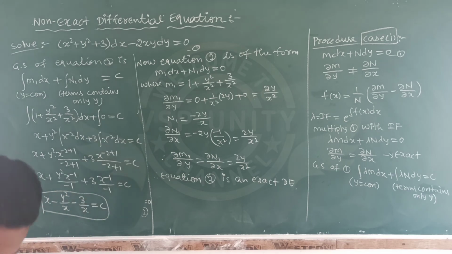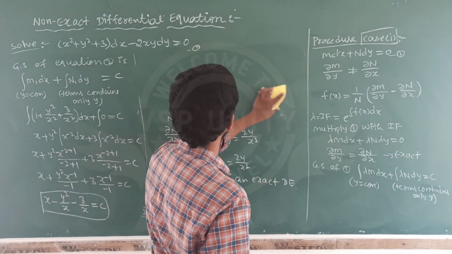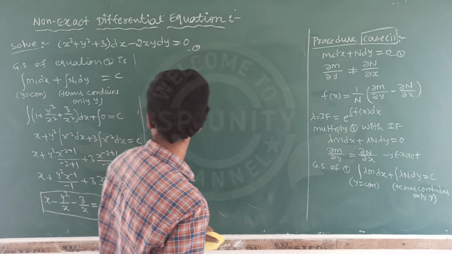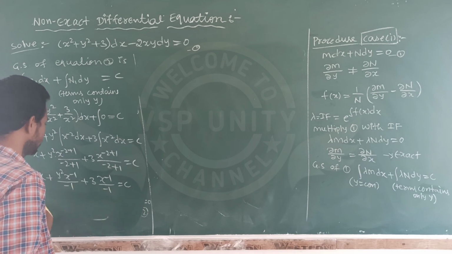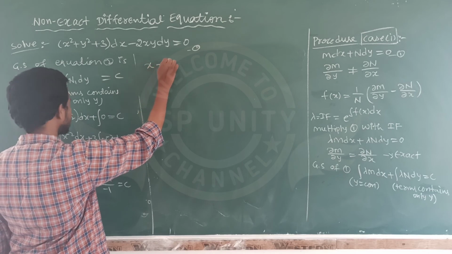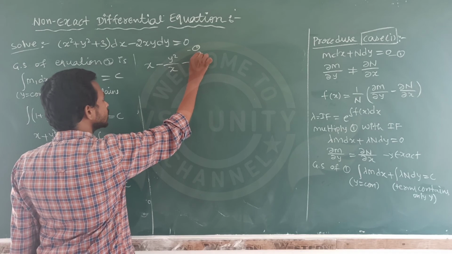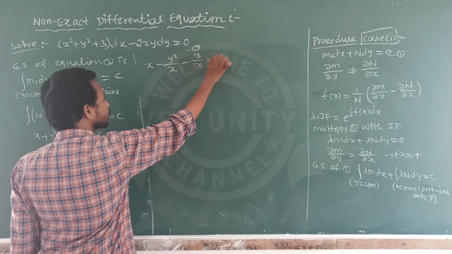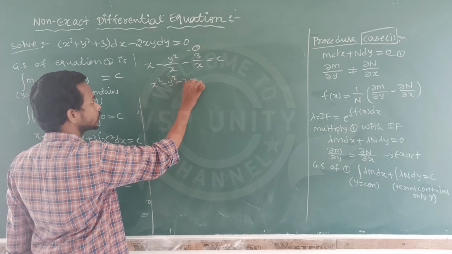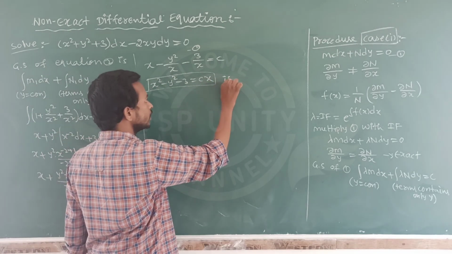If you want to convert this further, you can. See the last step, x minus y square by x minus 3 by x is equal to c, also can be written as x square minus y square minus 3 is equal to cx. This is the general solution of the given differential equation.